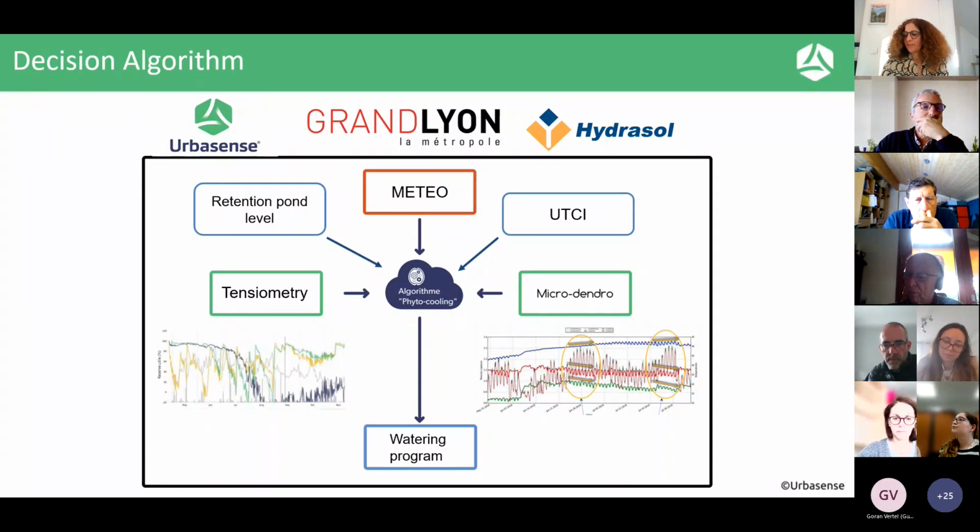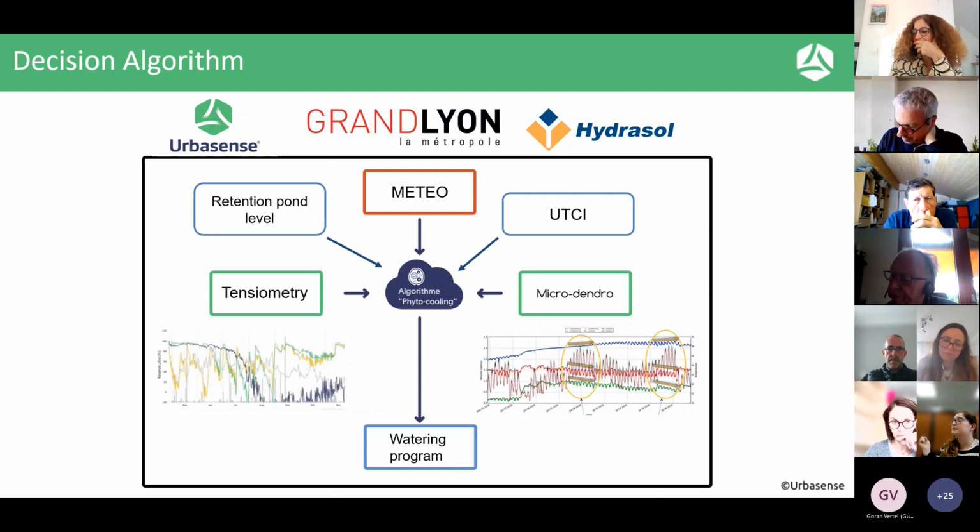And in the part where there is no irrigation, there will not be any water. The data that we submit to the algorithm is tensiometry, the retention pond level, the provisional meteo, the UTCI, the comfort index that Martina presented earlier, and the microdendrometry.